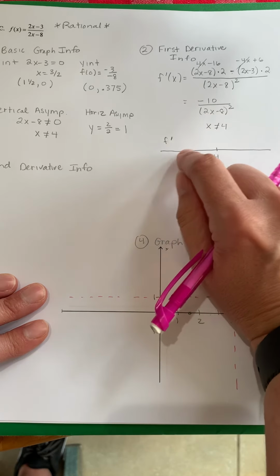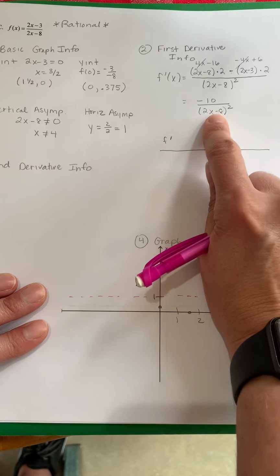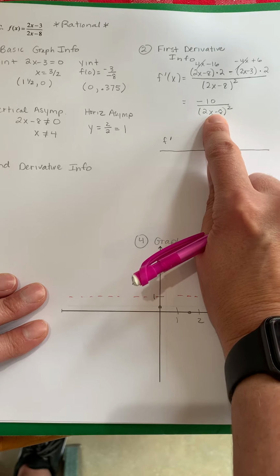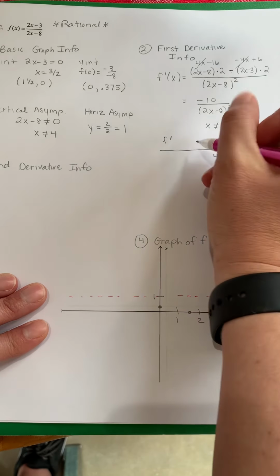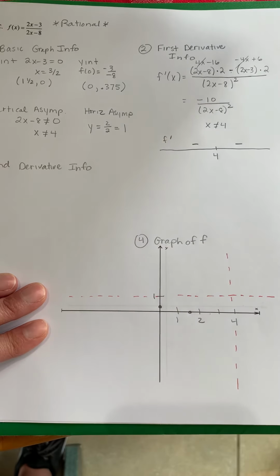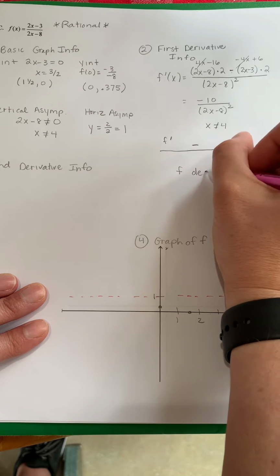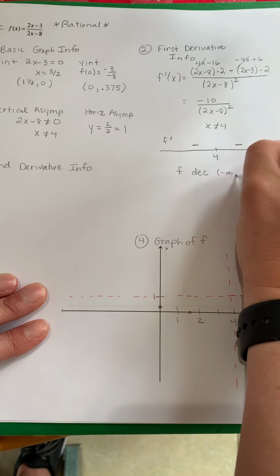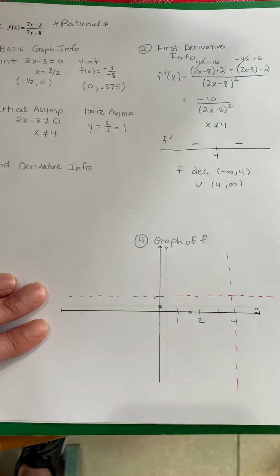No matter what number we plug in, whether it's a number like 3 or 5, you're going to be squaring that denominator, so it's going to be a positive down here. So negative divided by a positive is going to be a negative on both sides of 4. That tells us that f is going to be decreasing from -infinity to 4, and then also on 4 to infinity. There are no local mins or maximums, but we want to be dropping on both sides of that vertical asymptote.